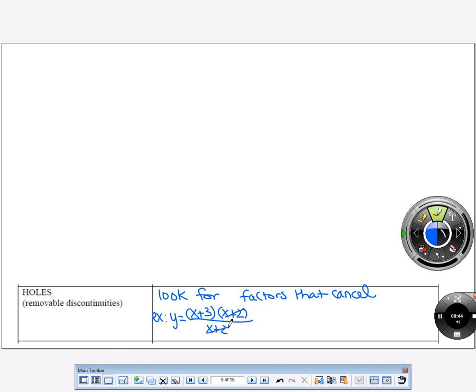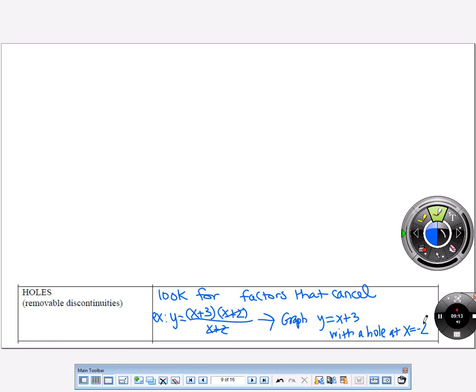That those cancel. So what this means is that we would graph what's left, and then we would just also have a hole at that special x value that would have made that factor undefined. Does that make sense to everybody? So that's how you can identify holes, by looking at your equation.